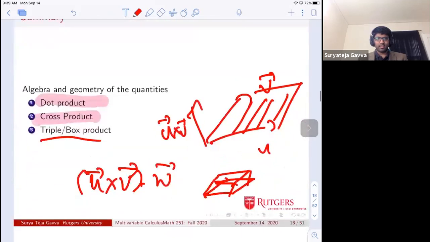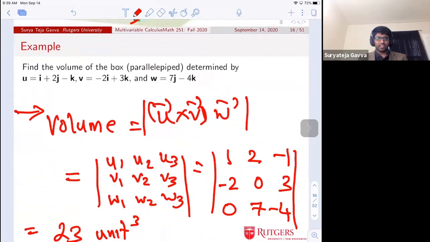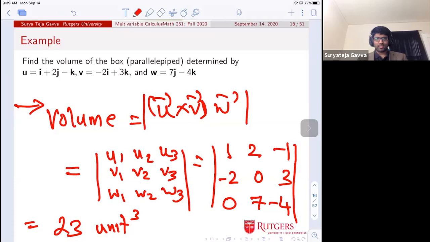Okay, you're trying to find the volume of these three. If you draw these three vectors and correspondingly draw the shape of the box that's formed by those three vectors, you'll get 23 unit cubed.